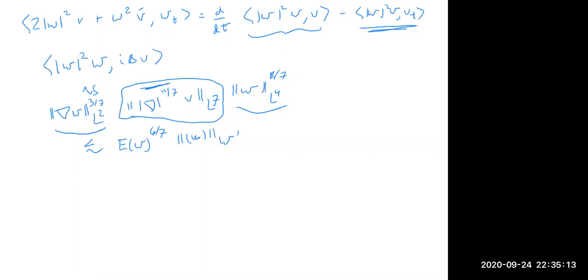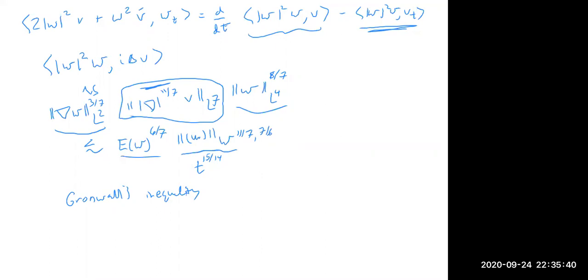W 11/7 times 7/6, right? Just using your dispersive estimate, but you get a nice 15 over 14 here. So you can use Gronwall's inequality, and that would give you a bound on E.